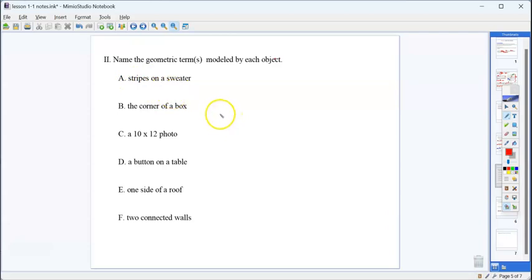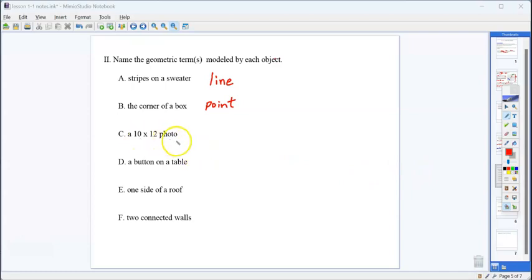Well, stripes on a sweater would represent lines. Or we'll just go singular. Point, line, or plane, or maybe we have intersecting planes. The corner of a box, that would represent a point. A point is always formed where 2 lines intersect. And we could also say that these are intersecting lines.